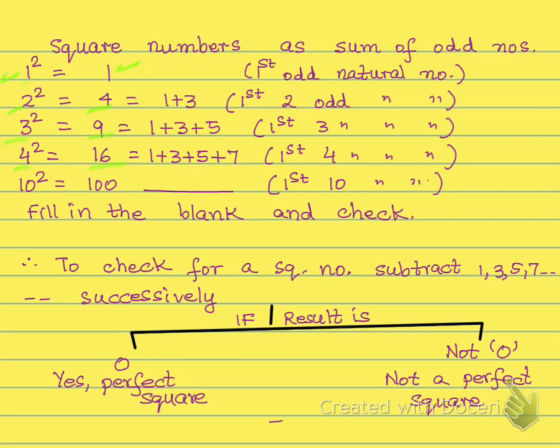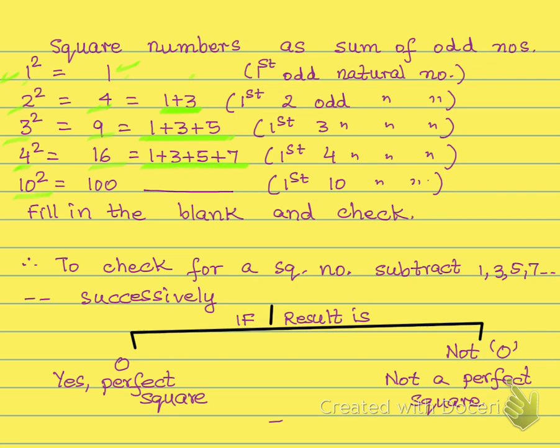Now 1 square is 1, the first odd number. 2 square is 4, which is the sum of the first two odd numbers, that's 1 plus 3. 3 square is 9, the sum of the first three odd numbers, 1, 3 and 5. 4 square is the sum of the first four odd numbers, 1, 3, 5, 7.